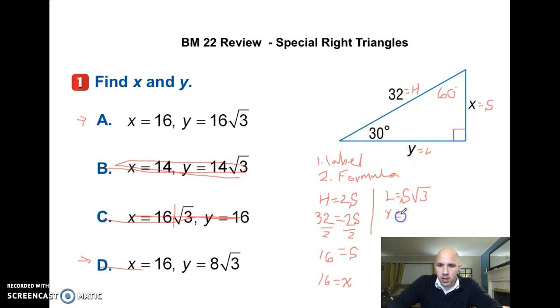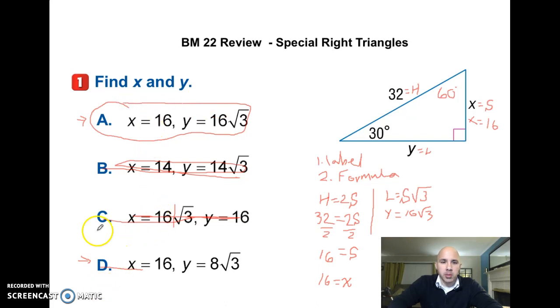My shorter side, which is x, I know also equals 16. So let's plug that in. It'll be 16 square root of 3. And so I'm going to look for y equals 16 square root of 3, and there goes my answer.